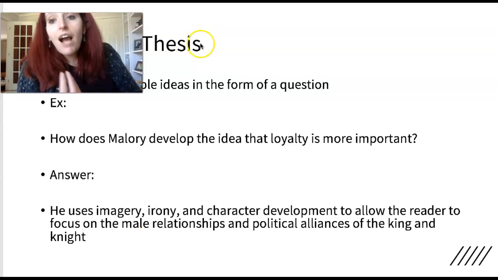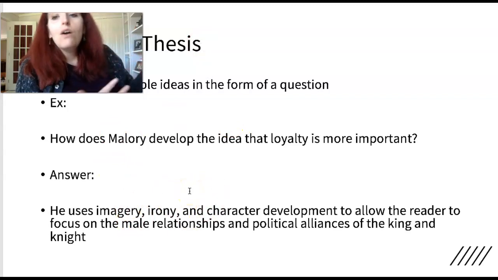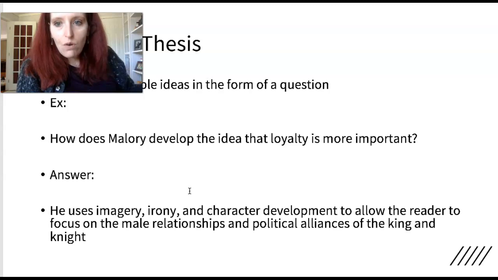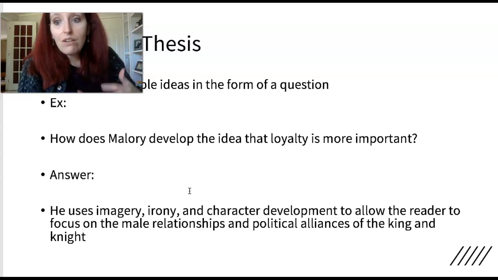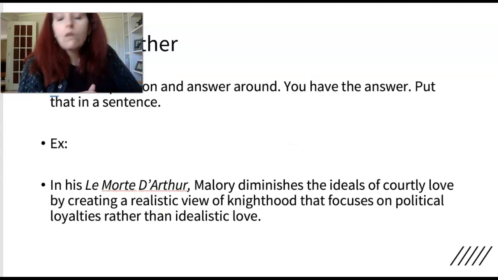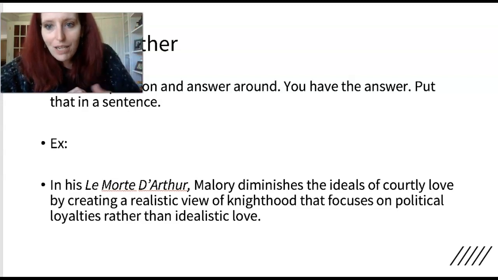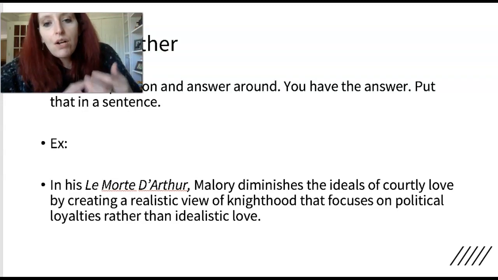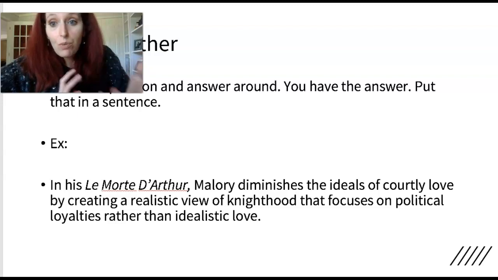So I've got this idea of where I'm going with this thesis statement or with my paper because I'm looking at what literary elements, how does the author develop that idea of loyalty? So now I can put it together, so to speak. And you can turn that question and answer around because you've already answered your question, so you can put it in the form of a thesis statement.